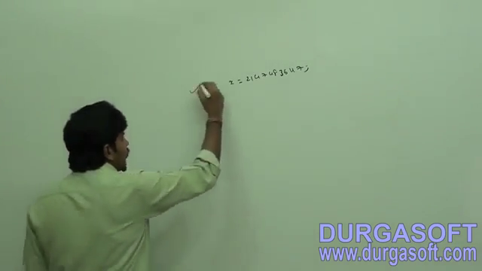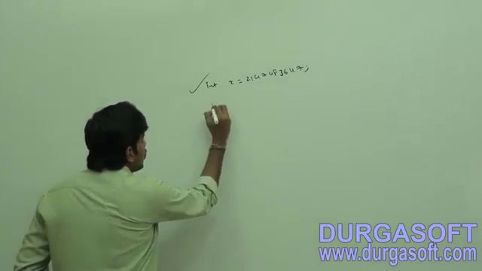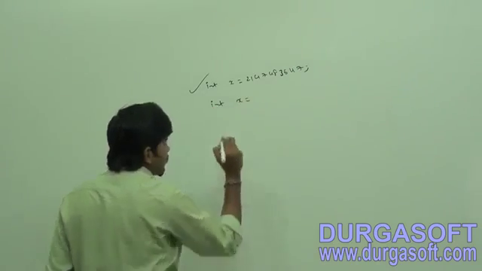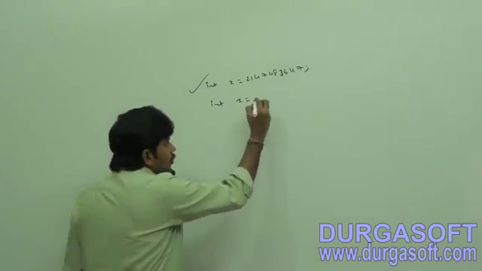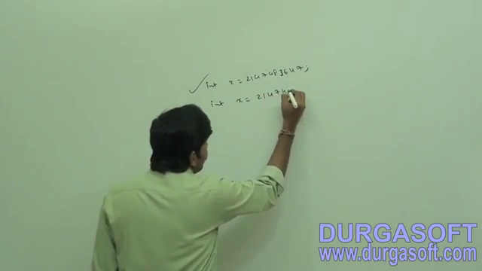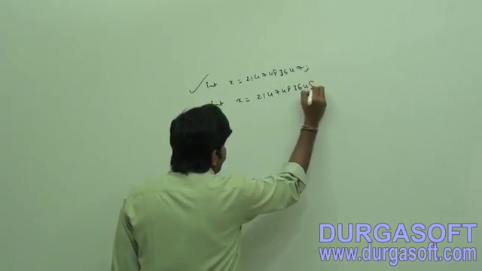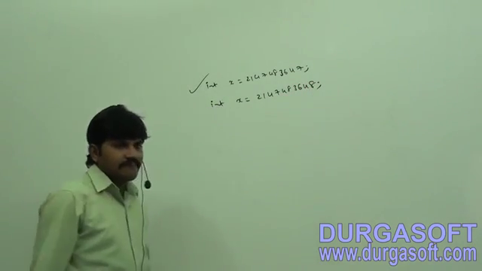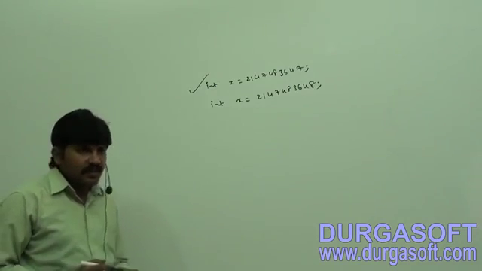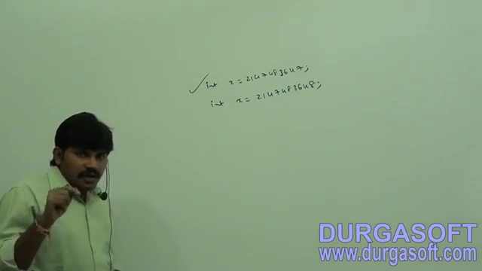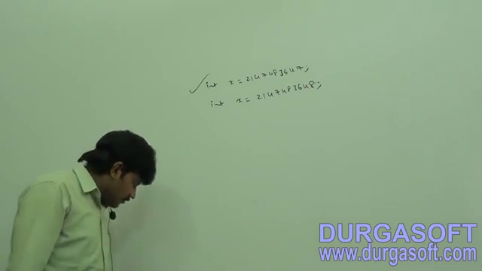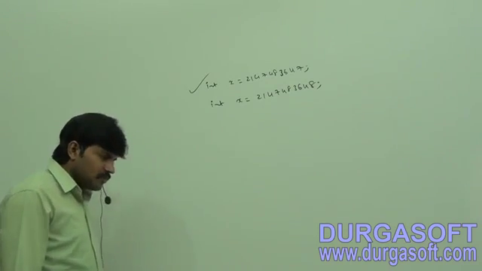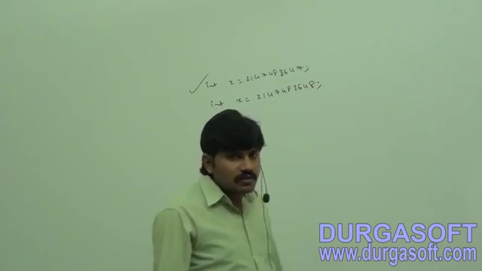It's the max value, valid, no problem. Int x is equal to 2147483648. Is it valid or invalid? Invalid. Can you tell what compile time error? Correct. Possible loss of precision.